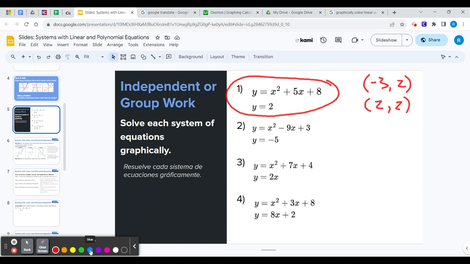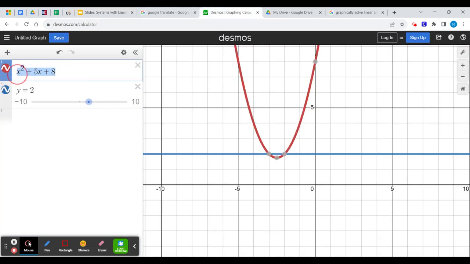I'm going to jump to the last one, problem number 4, to talk about that one as well. Let's go over to Desmos and punch that in. y equals x squared plus 3x plus 8, and the second equation is y equals x plus 2.